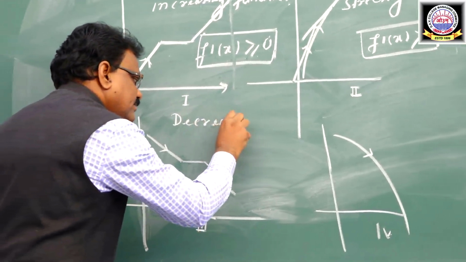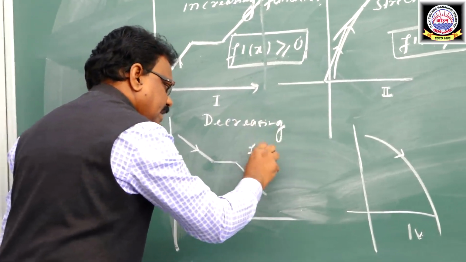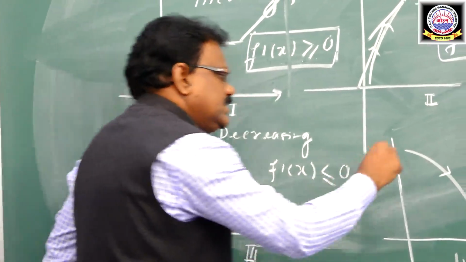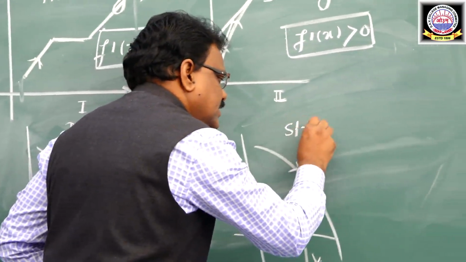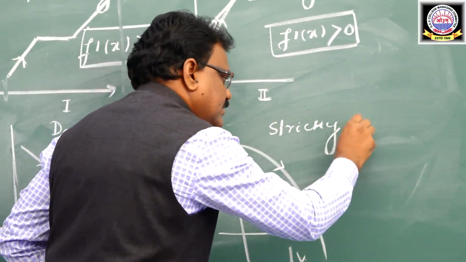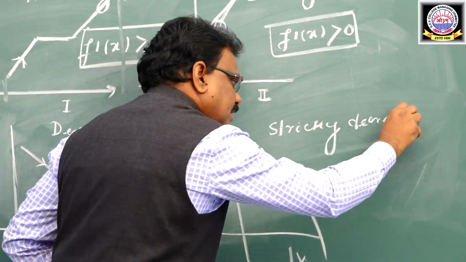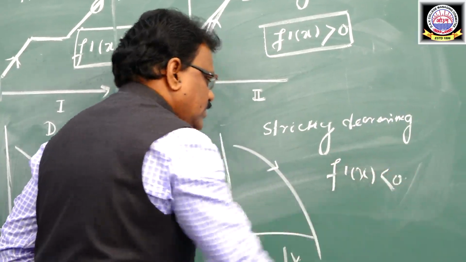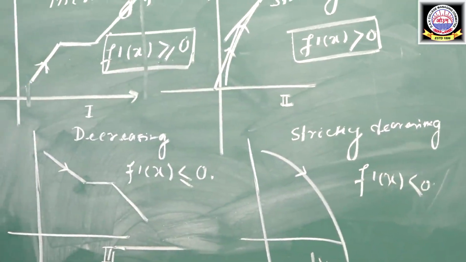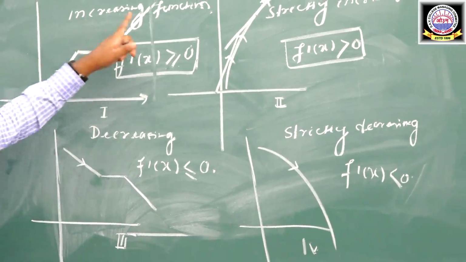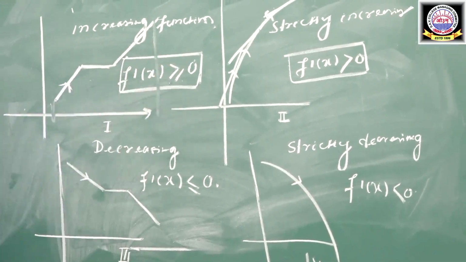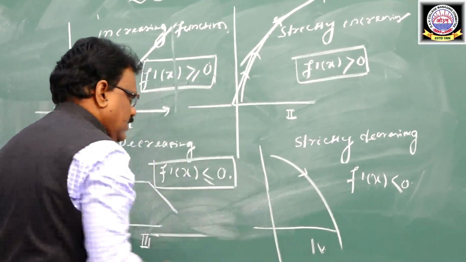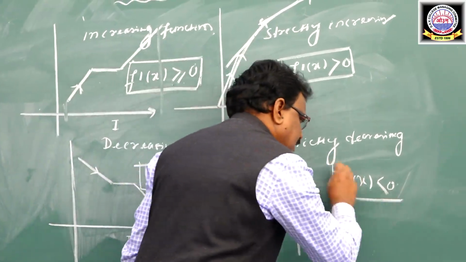Similarly, obviously, this is a decreasing function. Decreasing means f dash x less than or equal to 0. And this one is strictly decreasing, and strictly decreasing means f dash x less than 0. So these are the 4 figures. Figure 1 increasing function, figure 2 strictly increasing, figure 3 decreasing, figure 4 strictly decreasing.